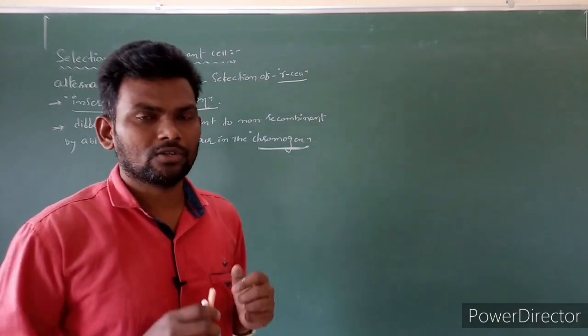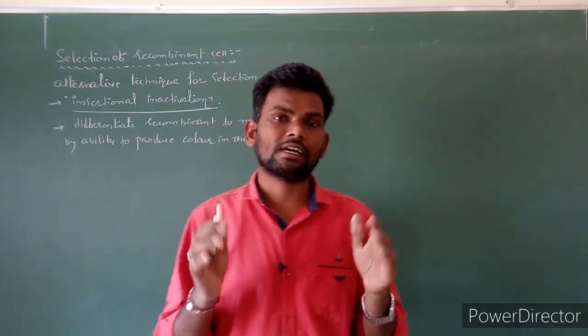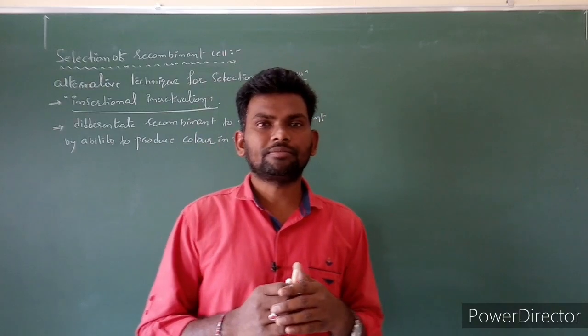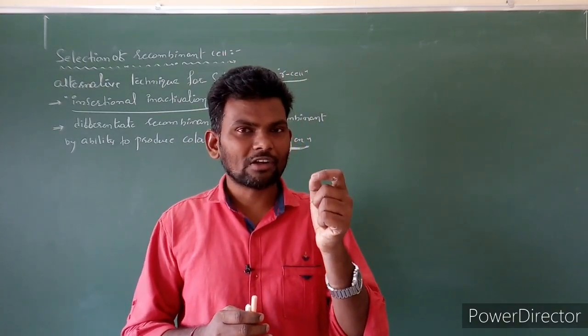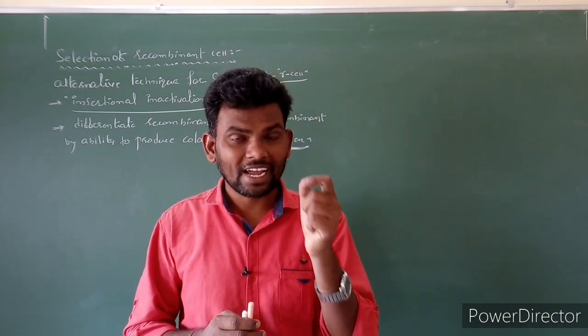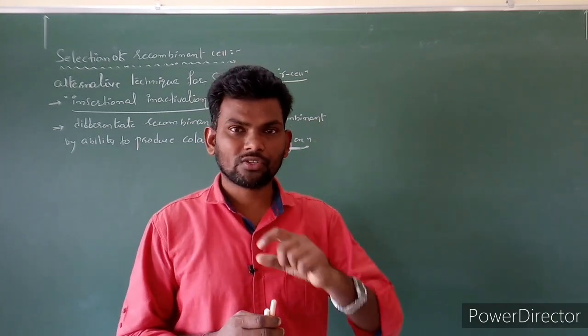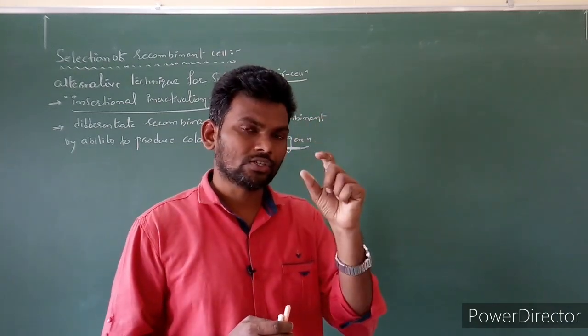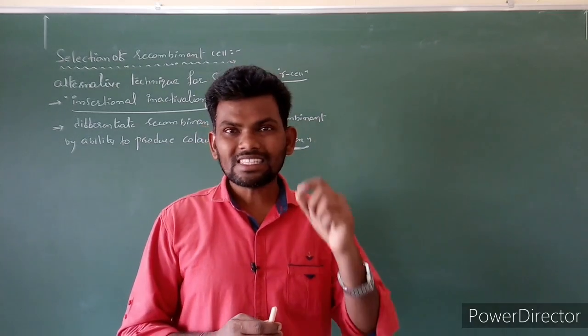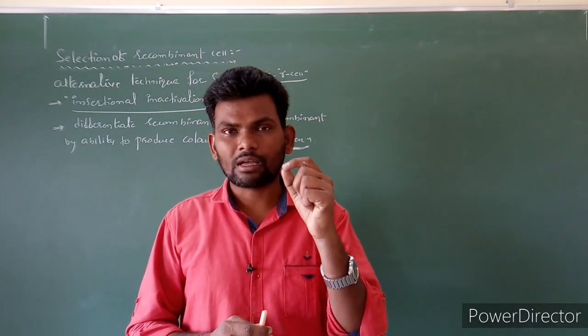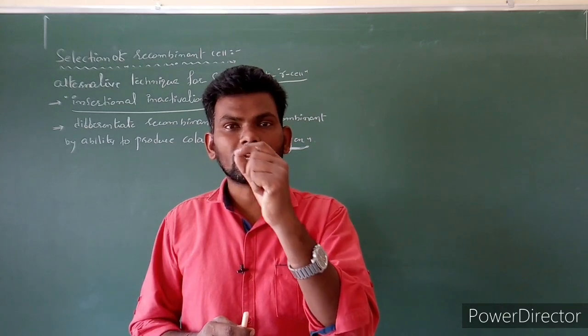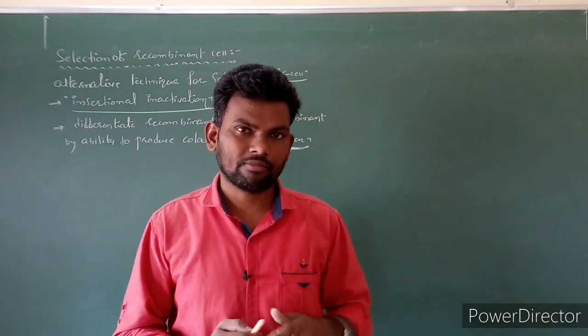For that, what do we have to do? It is a very simple and clear concept. Here we just have to insert the desired gene at a lacZ gene location which is already present in the pBR322 plasmid. This Z gene has the capacity to code for the beta-galactosidase enzyme.